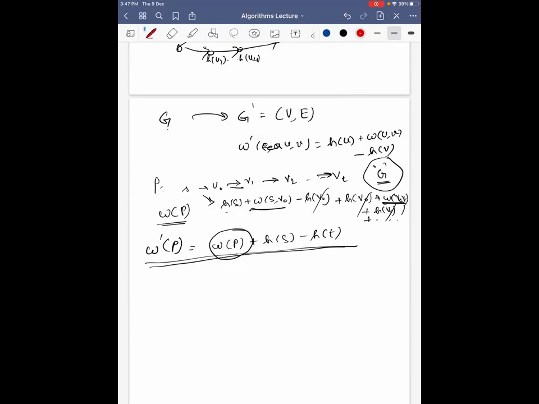Now observe then that in G dash, the weight of each path between S and T will change by the same amount.